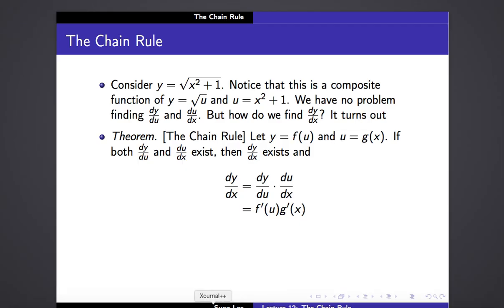Okay, so to prove this chain rule, we're gonna go to my notepad. Okay, so we wanna talk about the proof of the chain rule.